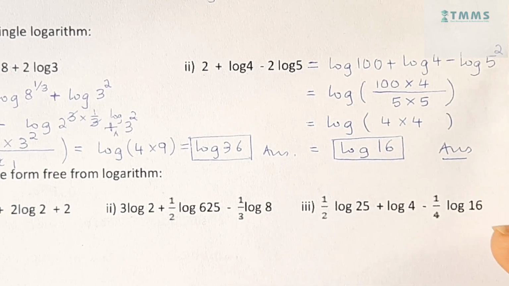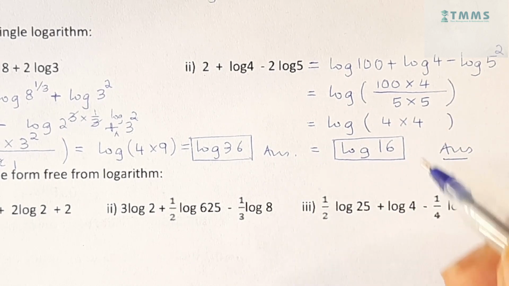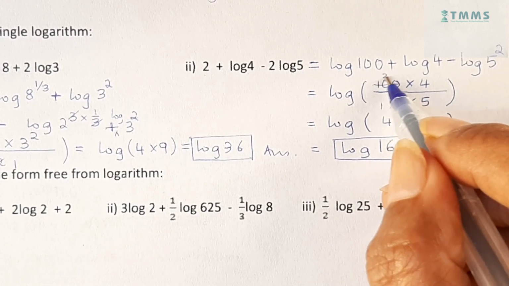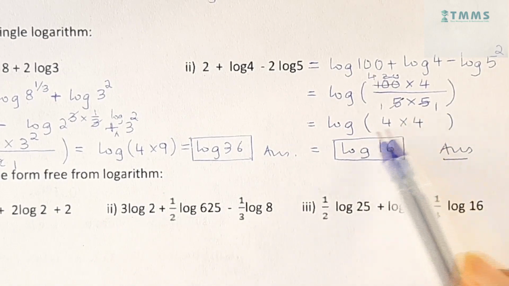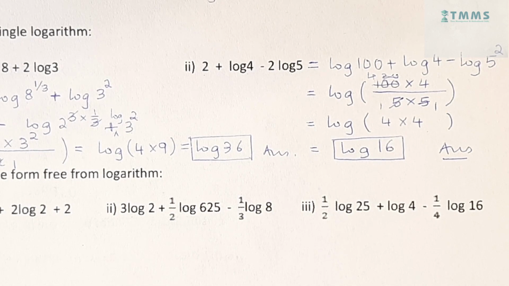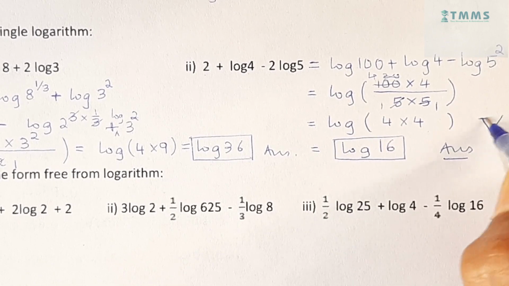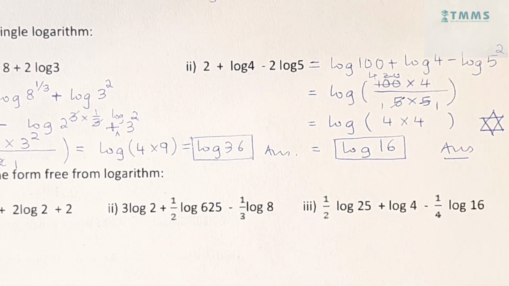And this is minus sign, which means this number is going to go in the denominator as 5 into 5. Now look at this, 5 ones and 5 20s and 5 ones and 5 4s. So you have log of 4 into 4, which is log of 16, and so we have expressed it as a single logarithm. Did you get it right? Come on, give yourself a star and write it in the comment box whether you got a star or no.